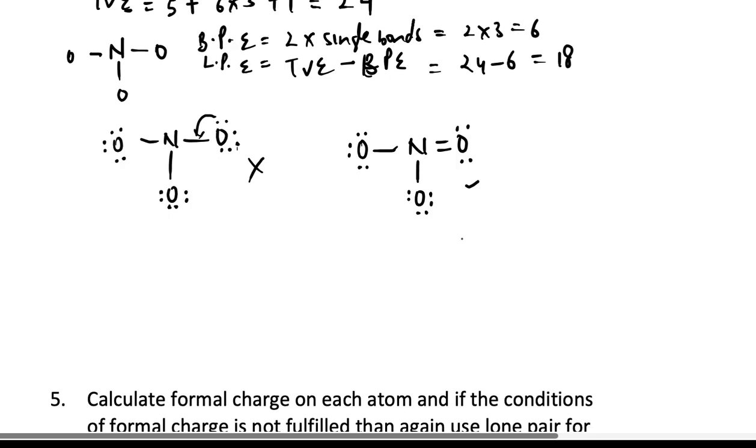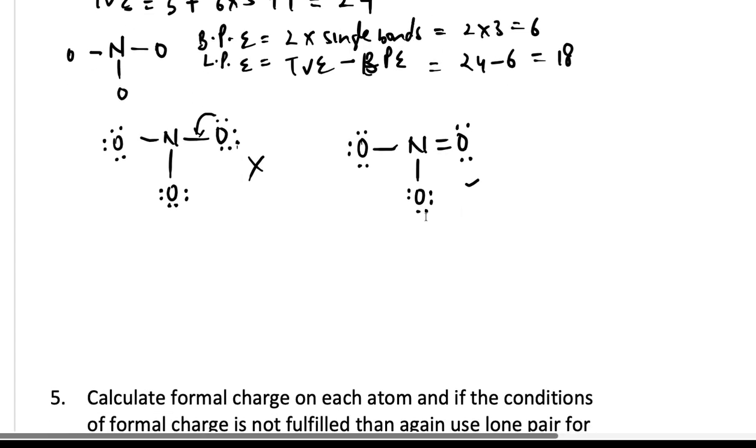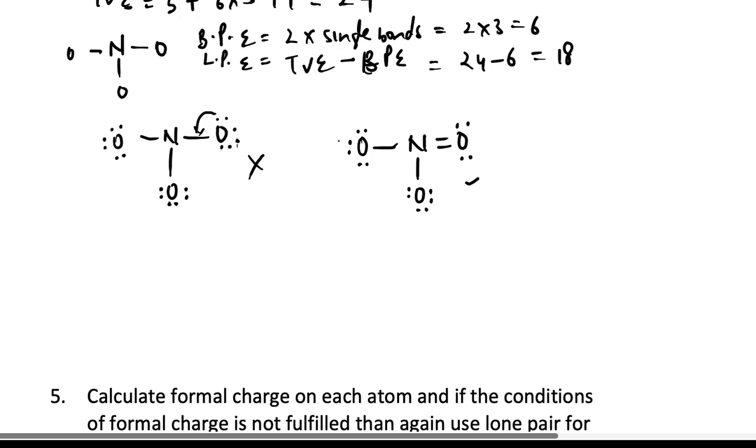Now what about the formal charge? We need to calculate the formal charge also, because we have to assign the negative charge. Where should I place this negative charge? For that I need to calculate the formal charge on each and every atom. I have already made a detailed video on the formal charge and how to check the stability.